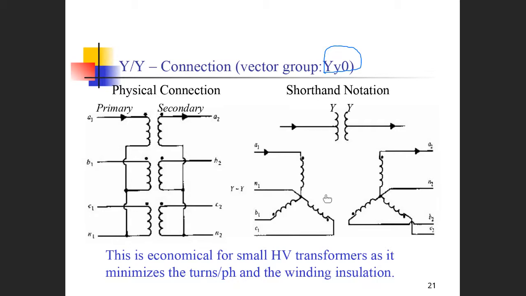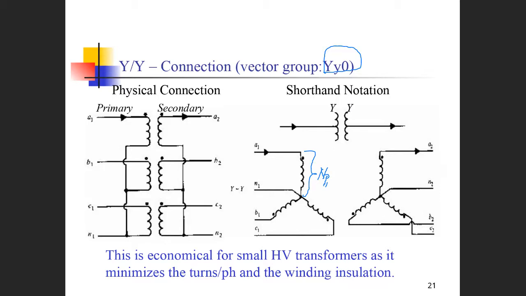Now, looking at these diagrams, we have three phases. Looking at this phase, we have the turn numbers of primary 1.